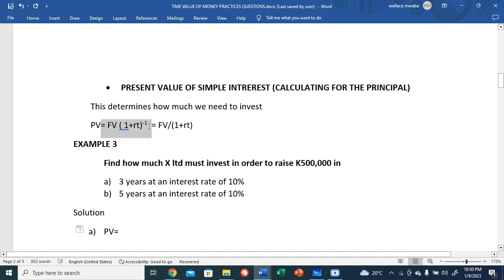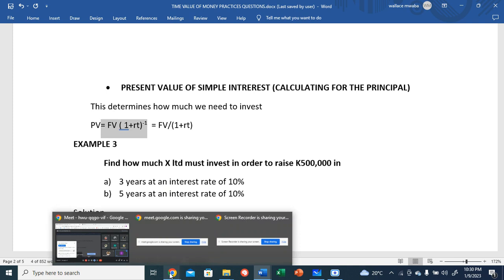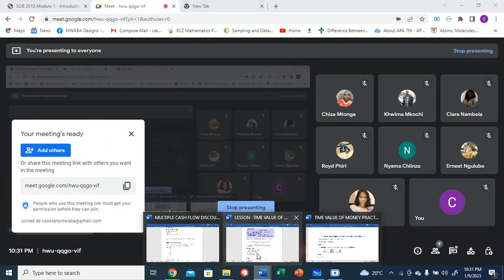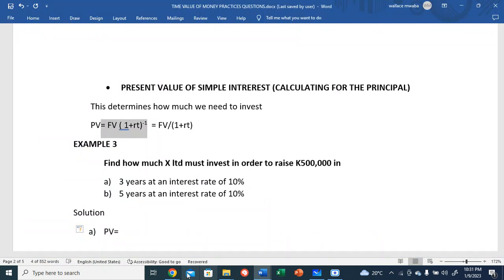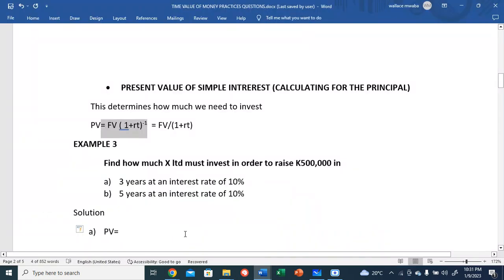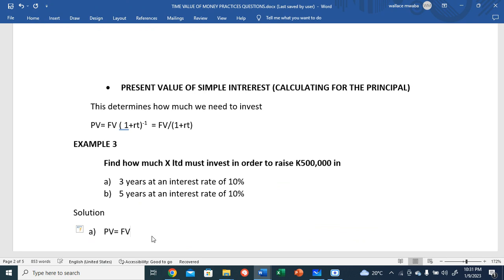equals future value, open bracket. So our future value is 500,000 because that's how much we're expecting to raise.